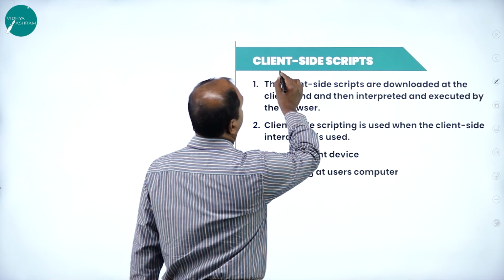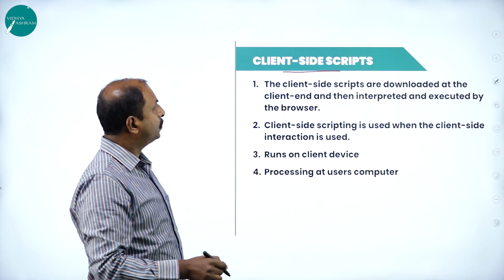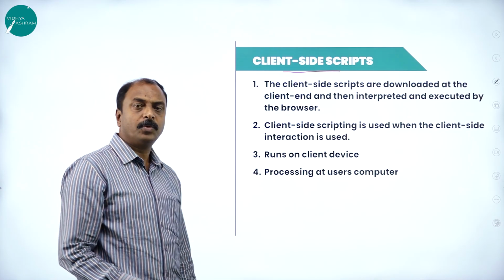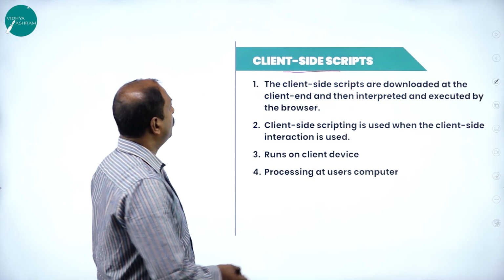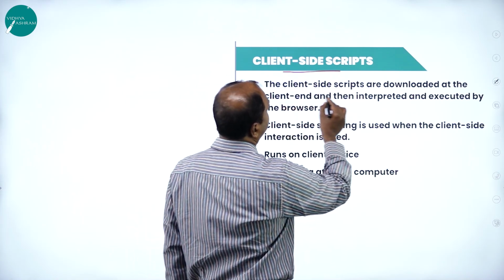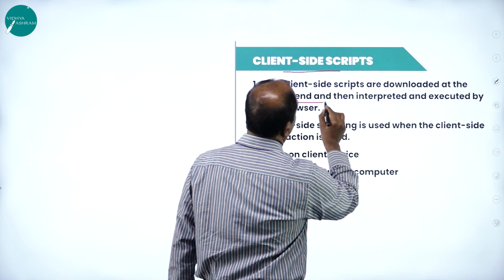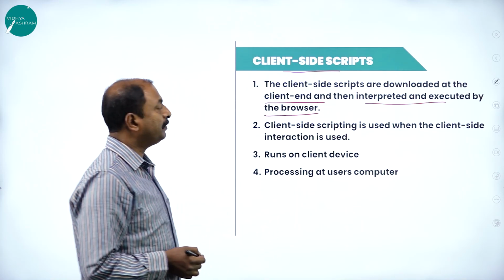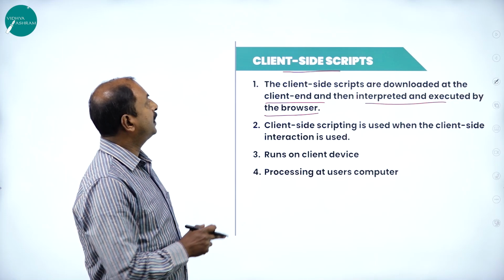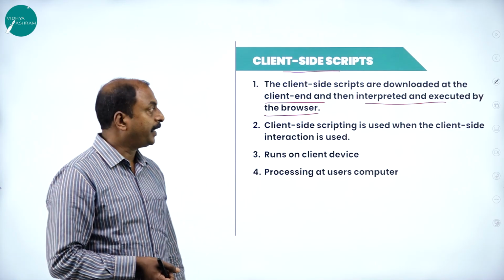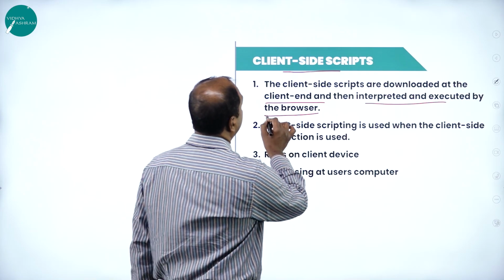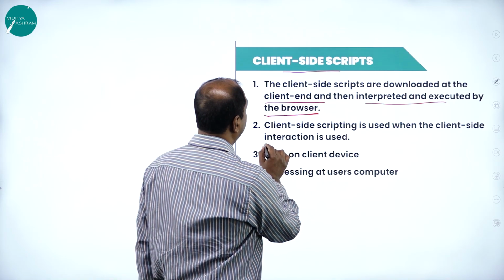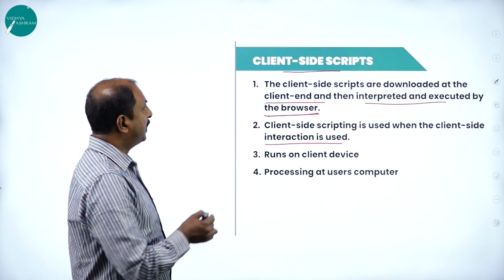Next one is client-side web scripts. There are two methods of scripting: one is client-side scripts and the other is server-side scripting. Client-side scripts are downloaded at the client end and then interpreted and executed by the browser. Here there are two concepts, the client and the server. In client-side scripting, all the activity takes place at the client end. Here the web browser is the client. Client-side scripting is used when client-side interaction is needed.